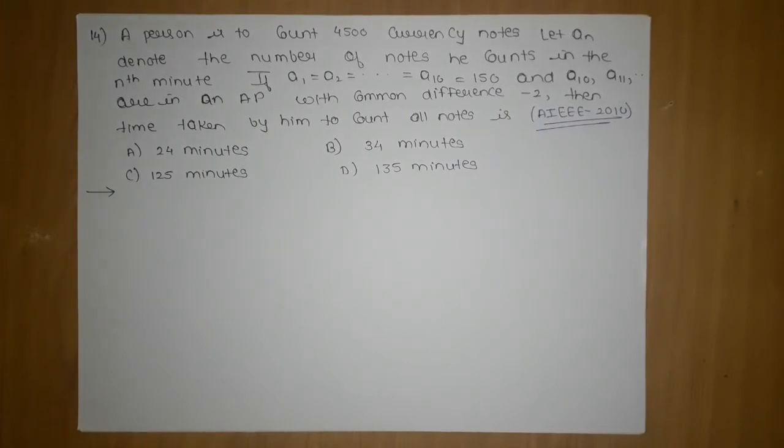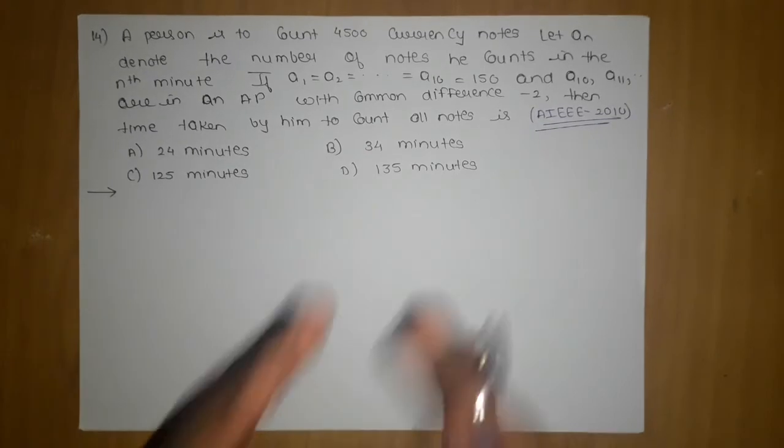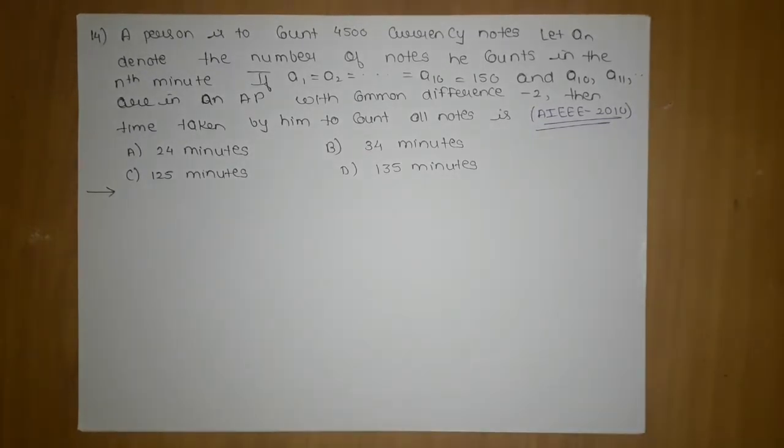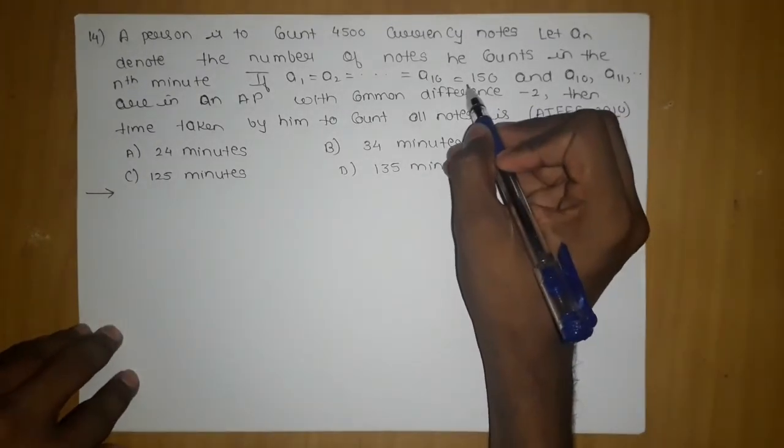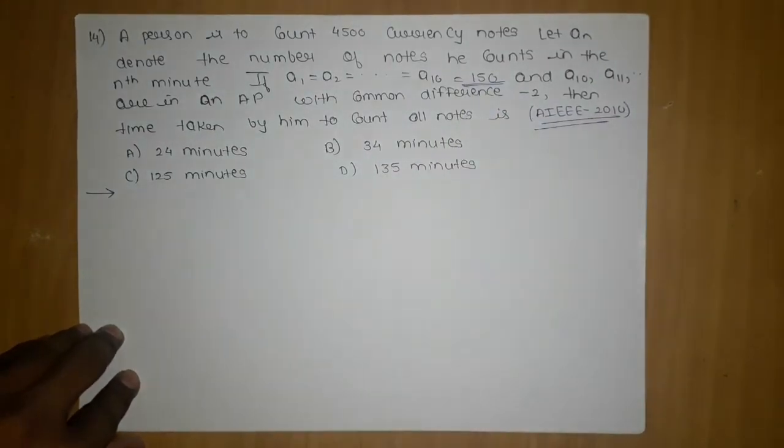So what we are going to do: I know that in A1 minute, A2 minute, A3 minute till A10 minute, in every minute the person counts 150 notes. They have mentioned total notes are 4,500.